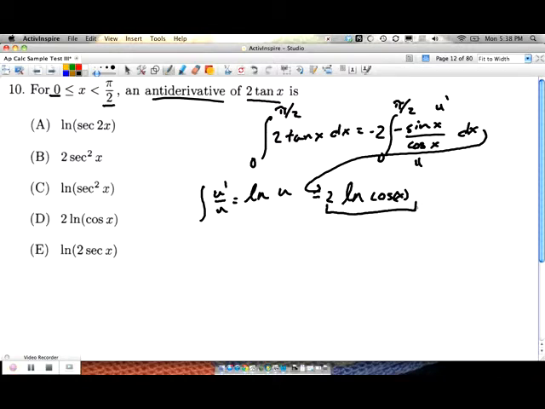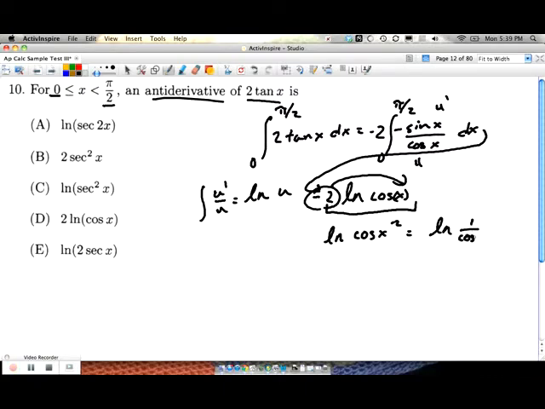That's it. So now you're probably thinking, wait a second, how do I make that look like one of these here? Well, a lot of it has to do with this number and using it as a power up here. That means that we're going to have negative natural log of cosine of x to the negative 2 power. Negative 2 power means natural log of 1 over cosine squared x.